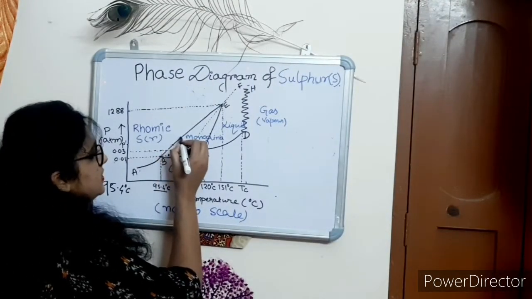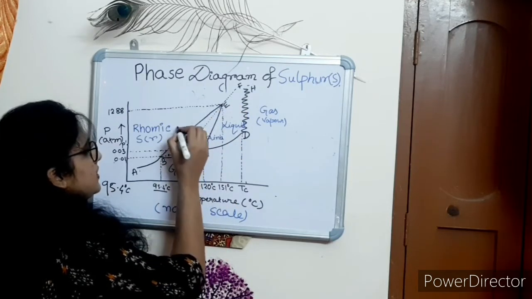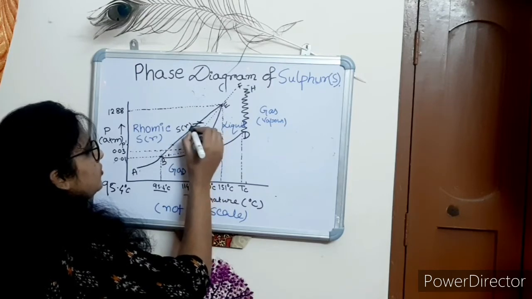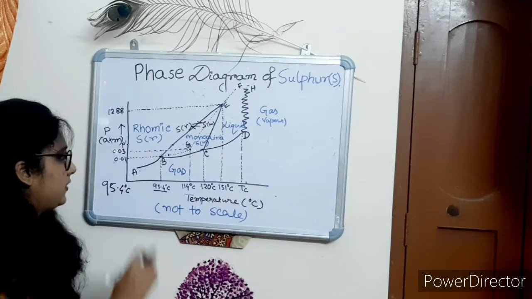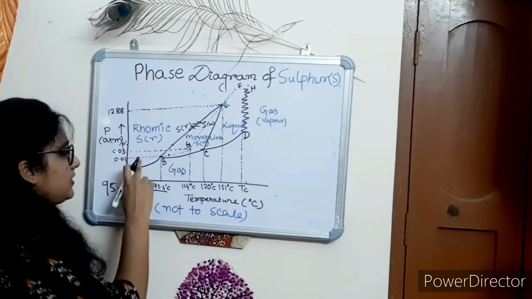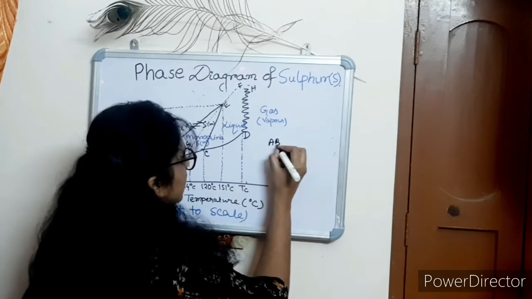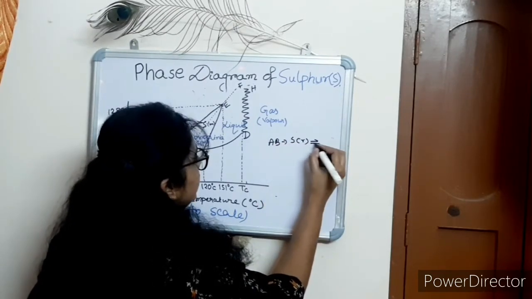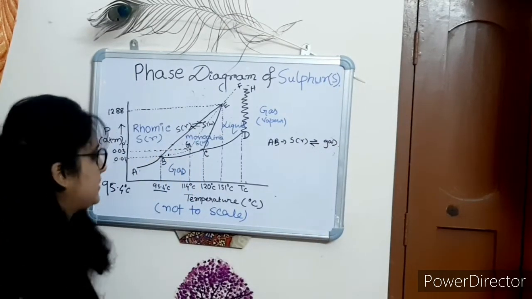This coexistence curve, BE, represents the coexistence of rhombic sulfur and monoclinic sulfur, and this is AB. What is the coexistence curve of AB? The AB curve is sulfur in the rhombic state to sulfur in the gaseous state.